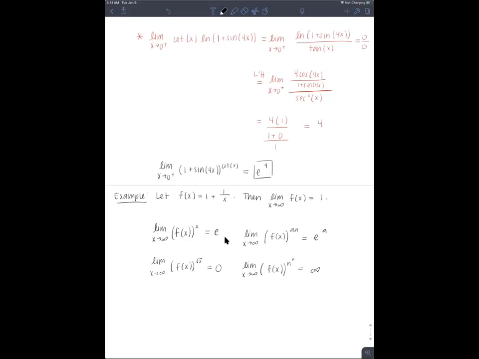Right, so there are 4 limits where when you start out, it looks like you would get 1 to the infinity. But when you actually go through and do all of the work, you don't get anything that looks even remotely like that, right?